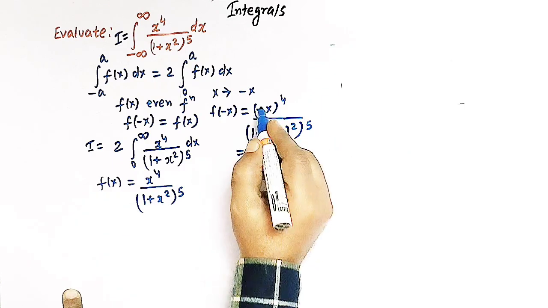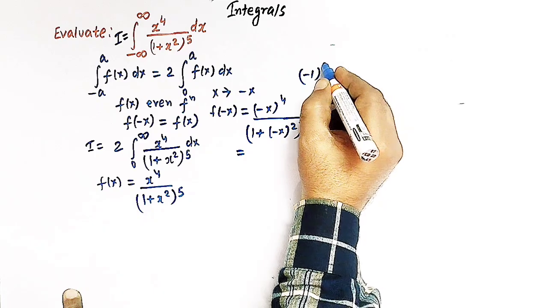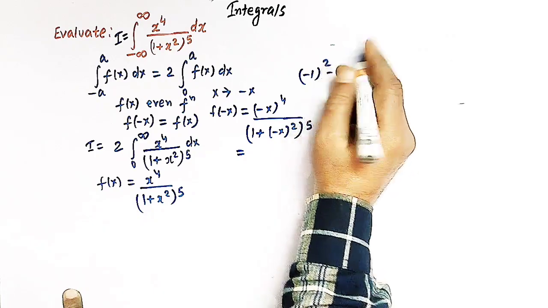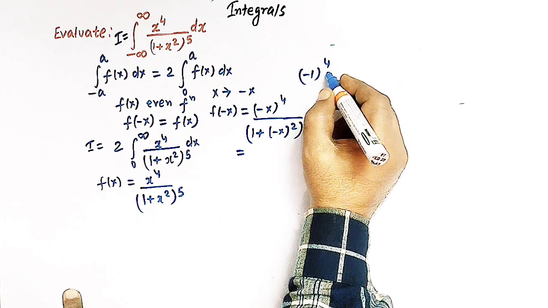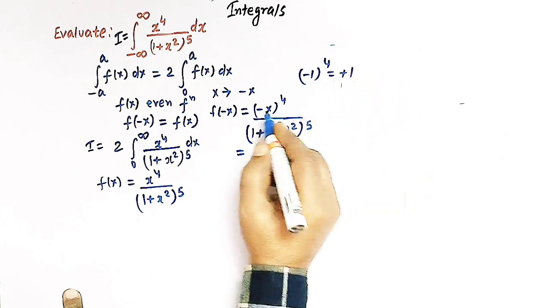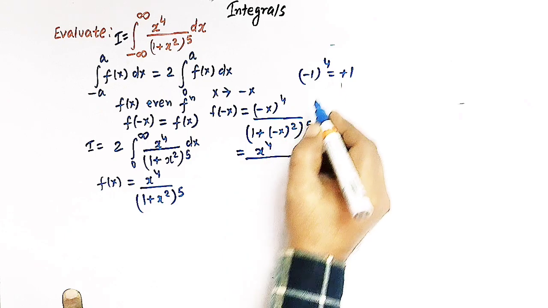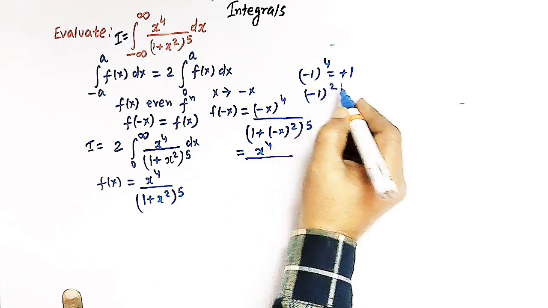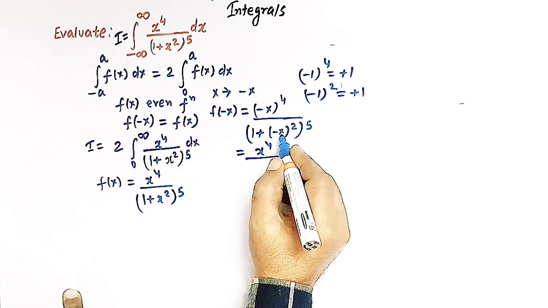Now (minus x) raised to 4 is minus 1 raised to 4, which is plus 1, so we have simply x raised to 4, and (minus x) square is plus x square.